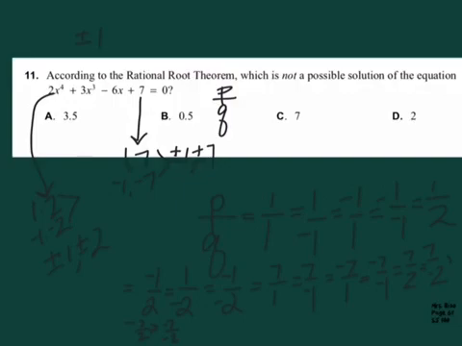Then positive 1/2, negative 1/2, negative 1/2, positive 1/2. So I can say that positive or negative 1/2 is also another possibility. Then positive 7, negative 7, negative 7, positive 7, so plus or minus 7 are also possible rational roots.